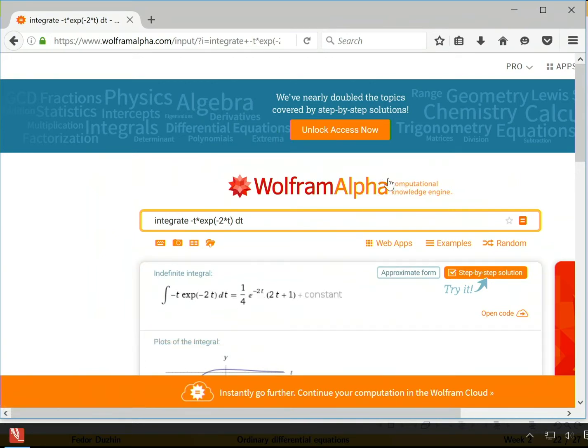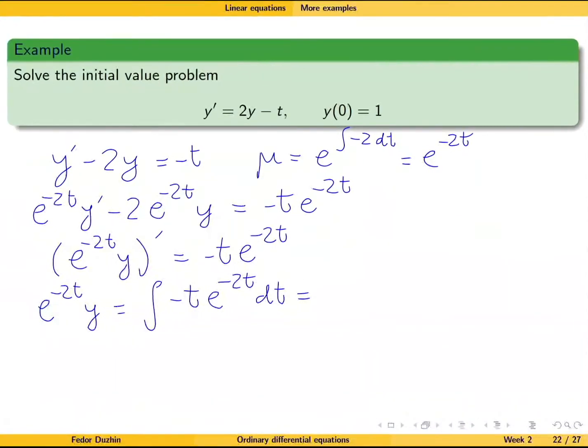So here is the answer. This is 1/4 e to the minus 2t times 2t plus 1 plus constant.